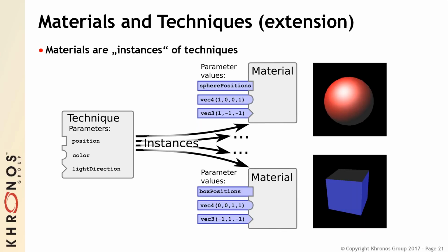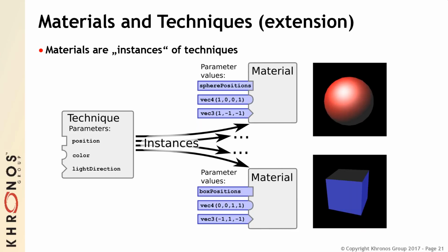You can have the same technique and one material where the parameter values are the sphere positions, a color that represents an RGBA color, a red color, and a certain light direction. And when using this material for rendering a mesh primitive, the result will be a red sphere.